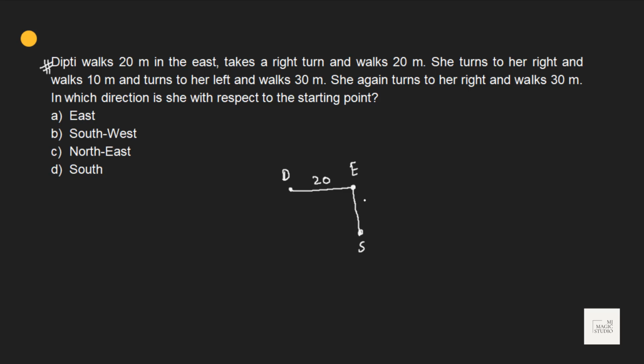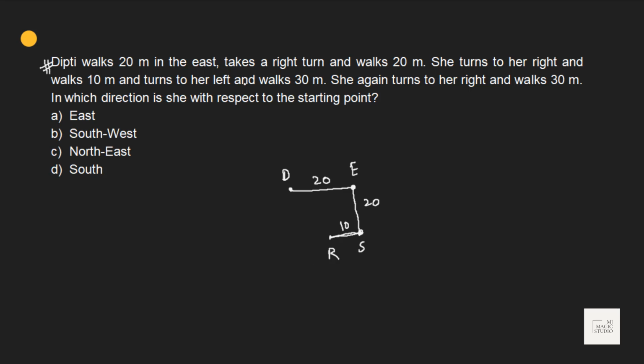Let me mark it S 20. She turns to her right when heading towards south, which means actually moving towards my left now. Her right, and walks 10 meters. So this is SR 10.